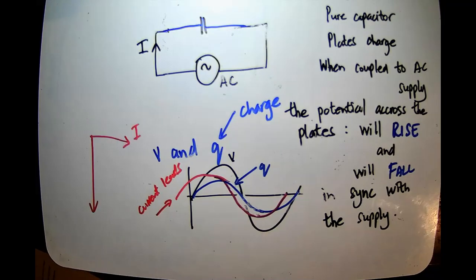So if we draw the phasor diagram, there we go. We'll have the voltage at the bottom, the current there. So there's 90 degrees between the voltage and the current. Alright, and so this means it is 90 degrees out of phase. With the inductor, don't forget, the inductor is also 90 degrees out of phase.